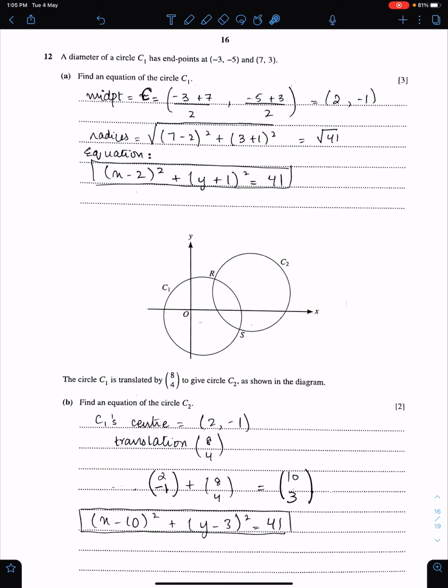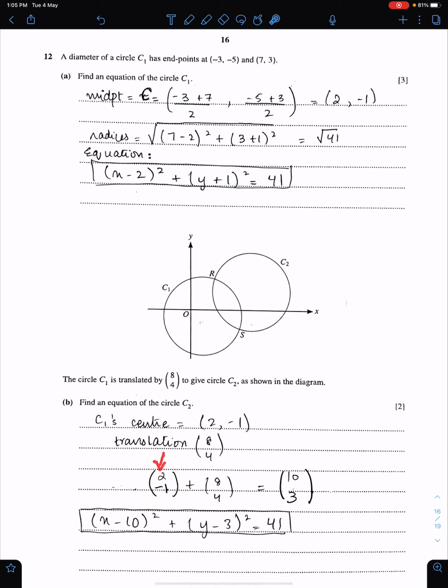So this is the translation vector, this is the object, and this is the image. Find the equation of circle 2. The radius will remain as it is. We just need to find the coordinates of the center of circle 2, and by using this formula, object plus translation is image, we can get the coordinates of the center of this circle.